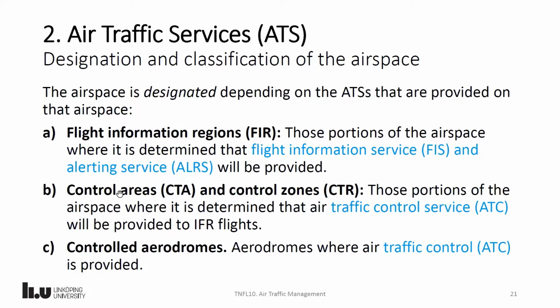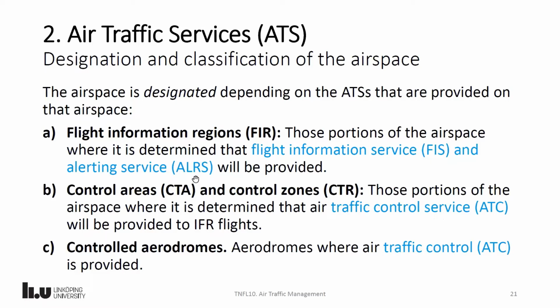So the second type of airspace is the control areas and control zones, which I will define next. But what's important to know is that in these areas and zones, we have air traffic control service. That means that instrument flights are going to be controlled by ATC.